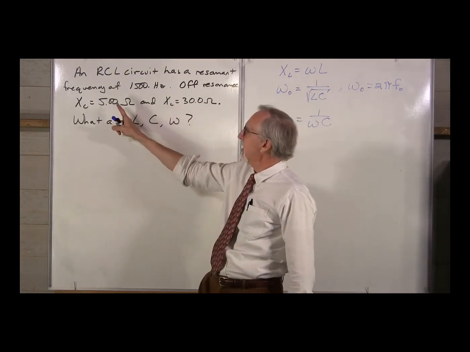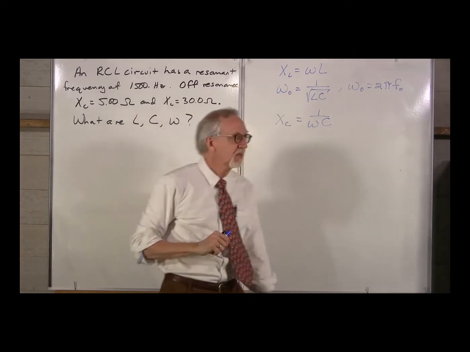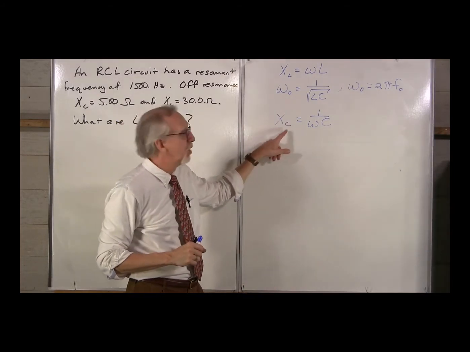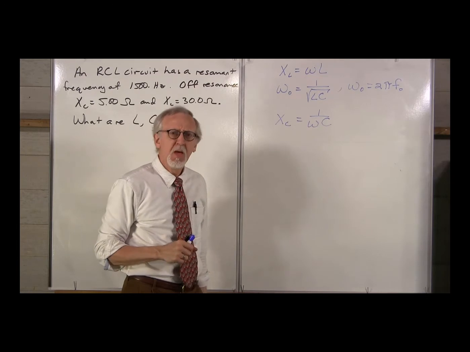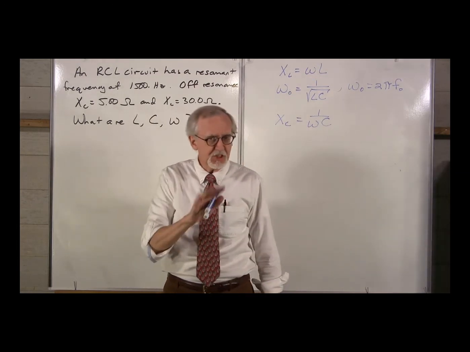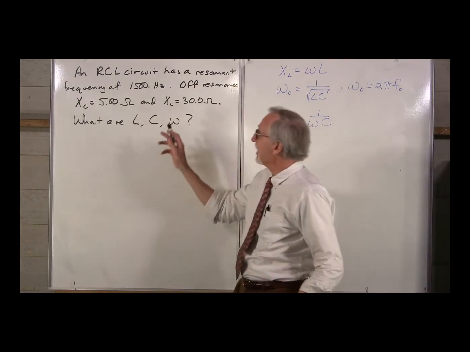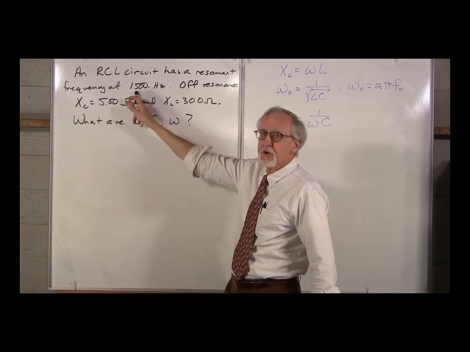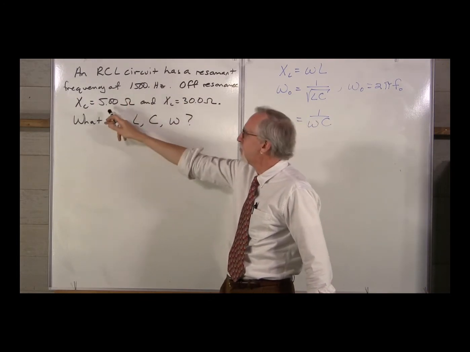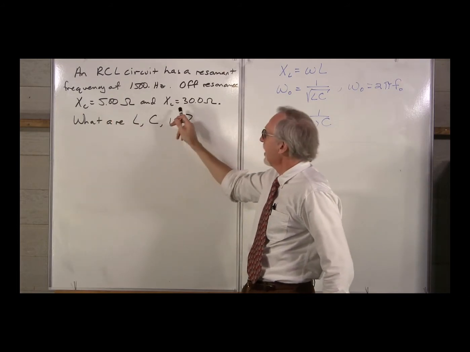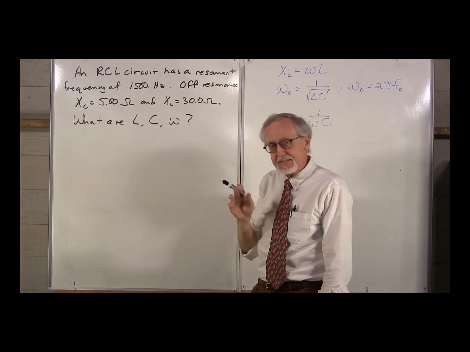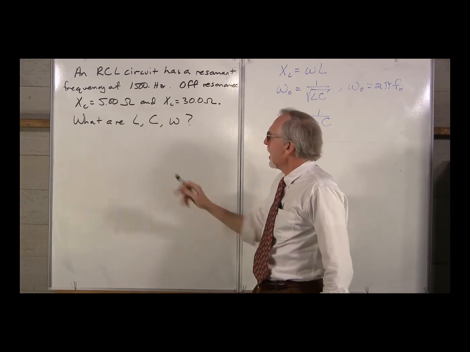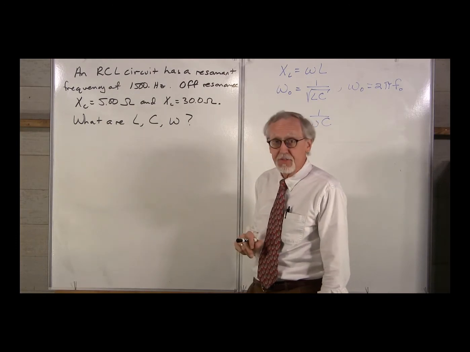Well, we're given the capacitive reactance. The capacitive reactance we know is 1 over omega C. Well, let's just stop there for a second. We are given 3 quantities, 1, 2, 3: the resonant ordinary frequency, a capacitive reactance, and the inductive reactance. And we're asked for three things.